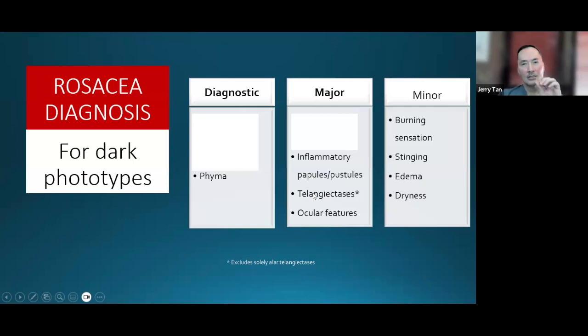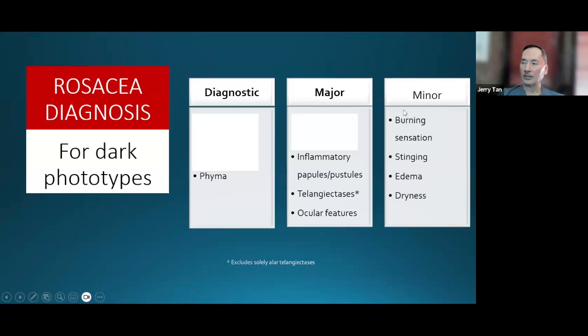And the telangiectasias, if you are suspecting they have rosacea in a very dark phototype, you can always use the dermatoscope to look for polygonal telangiectatic vessels, because that's got a high predictive value for rosacea. And then another major diagnostic criteria are the presence of ocular features.